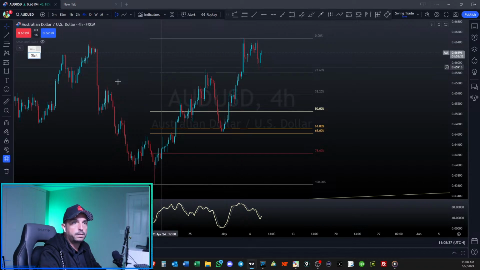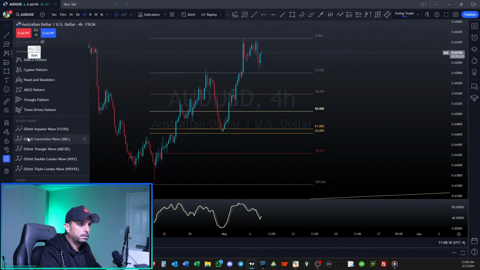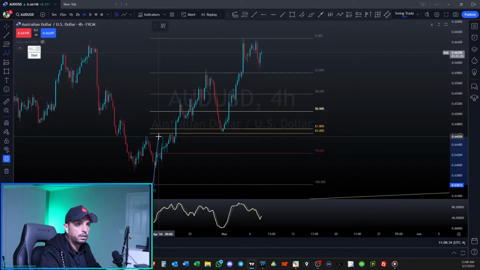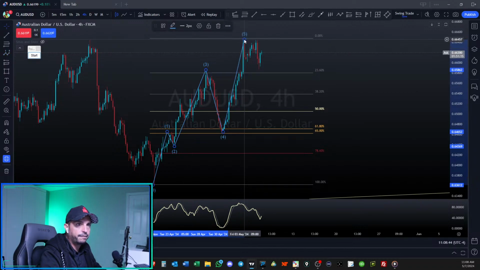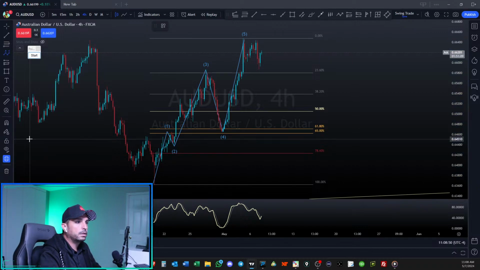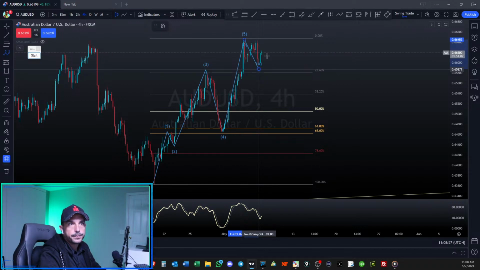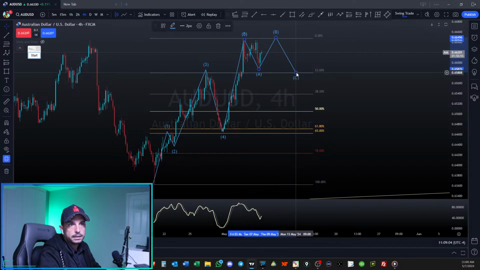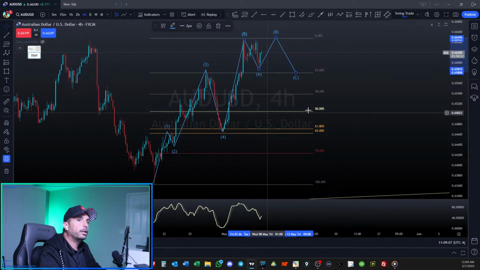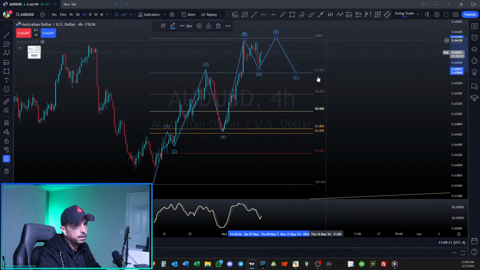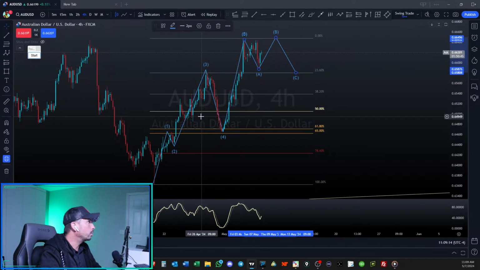We can see this: one, two, 3, 4, 5. And now we're looking for A, B, C, and then look for the next move, which could be up or down, if that concludes.